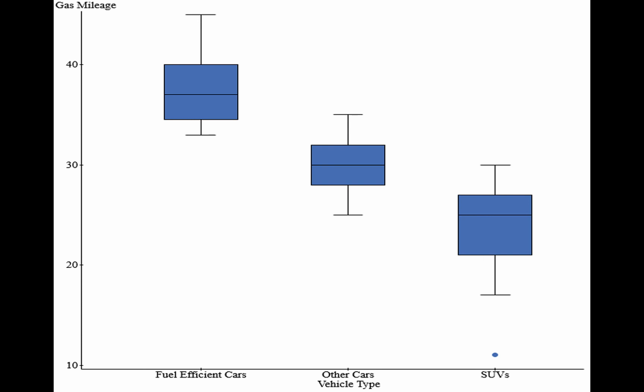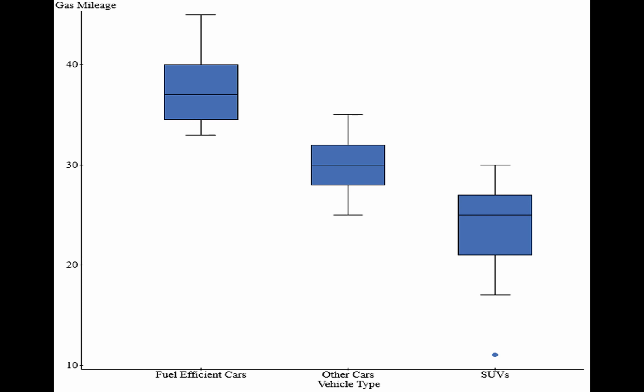Another thing that I will ask is variability. For example, I might ask, which one of these vehicles has the least amount of variability? Well, when you're looking at variability, you're looking at how spread out things are. So you want to look at how big the box is and how long the whiskers are. If you look at how big the box is, you can see that the other cars, the middle box, is smallest.